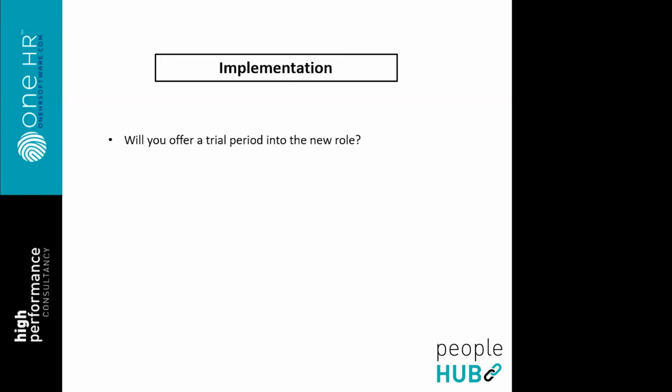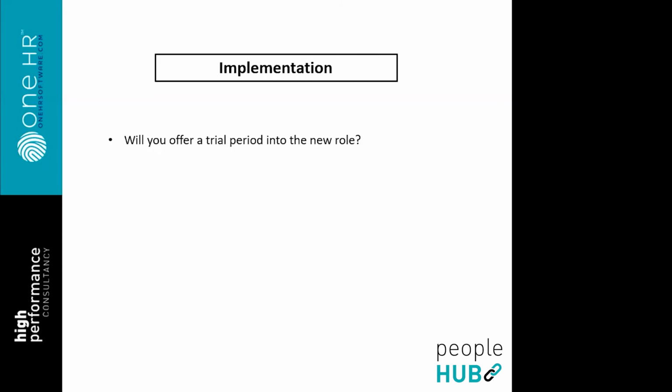If somebody has been made redundant and either offered a suitable alternative or a new role, you are able to put in a trial period of up to a month, which gives you and the employee time to see whether that role works for them and works for you, because you don't want to be in a situation where you've put somebody in a role and 4 weeks later you realise that they're really not going to work in this role, and then have to performance manage them, because obviously with the uncertainty that's already been, it would be terrible for morale.